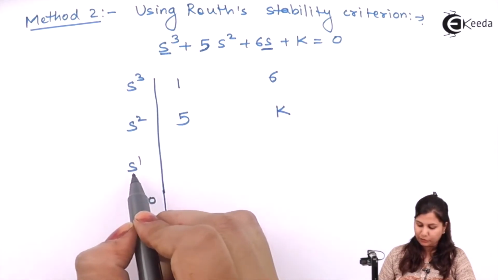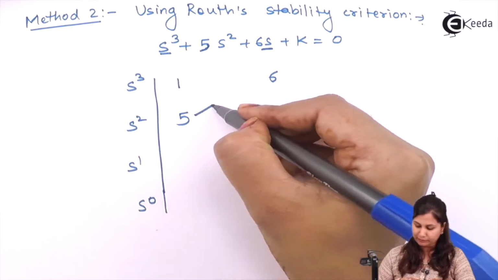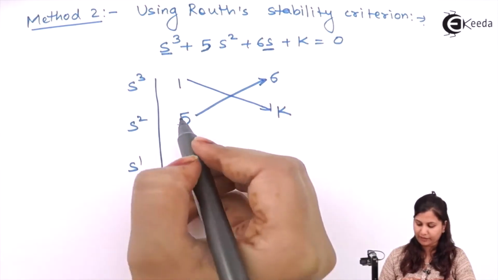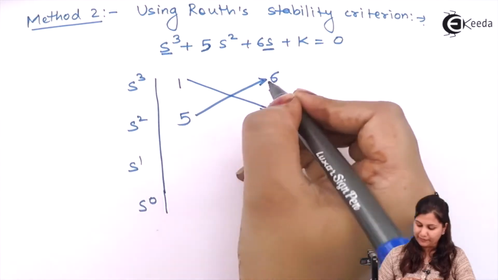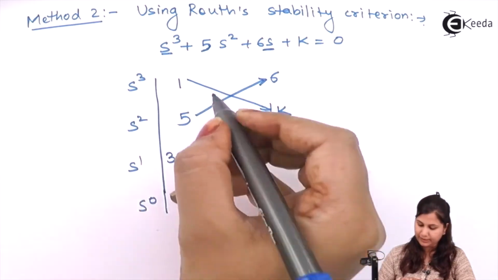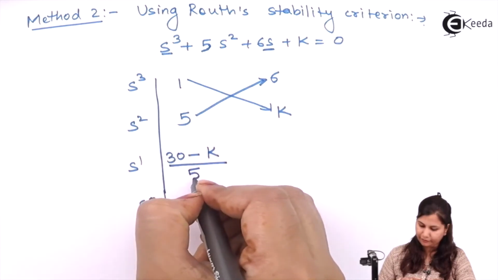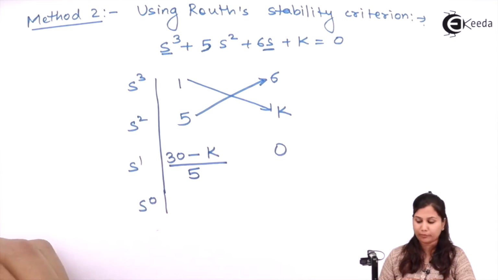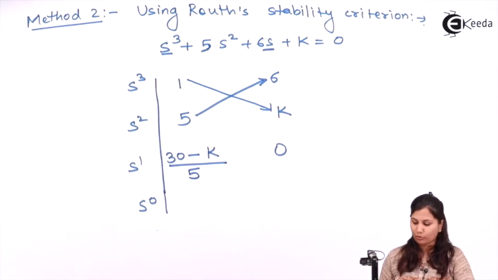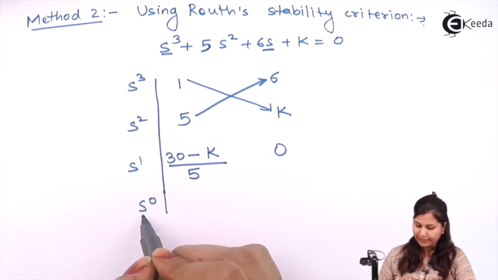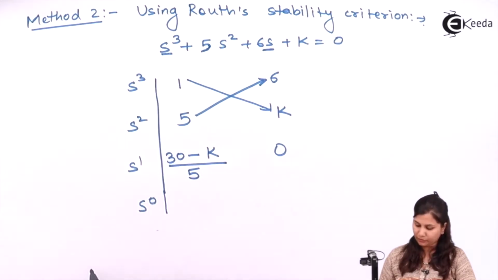How to obtain the s to the power 1 coefficient? Multiply this with this, minus 1 into K, divided by 5. So 5 into 6 is 30, minus 1 into K is K, divided by 5, and this will be 0 because we do not have further coefficients here. Now how to obtain the coefficient of s to the power 0?